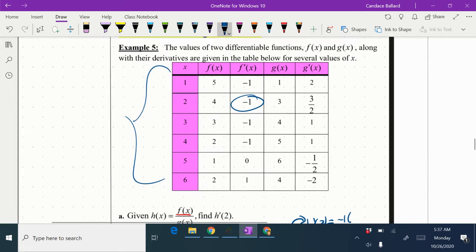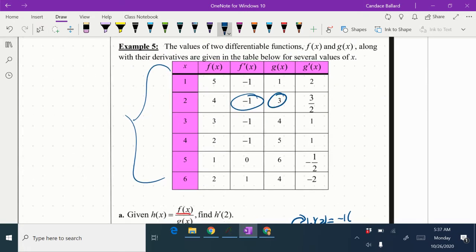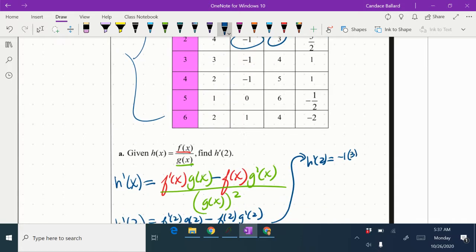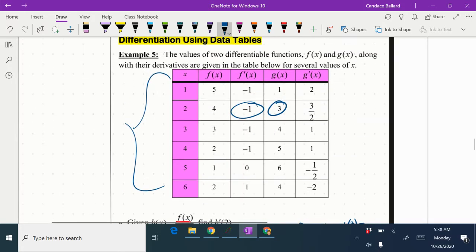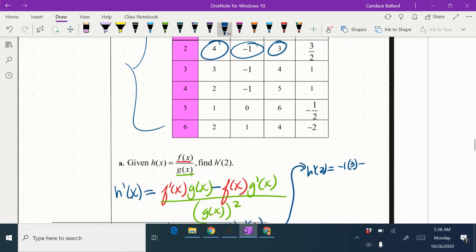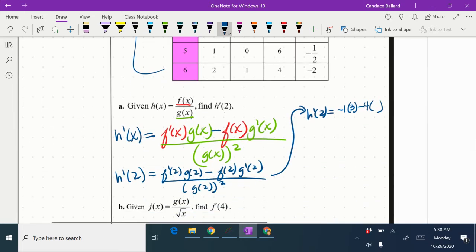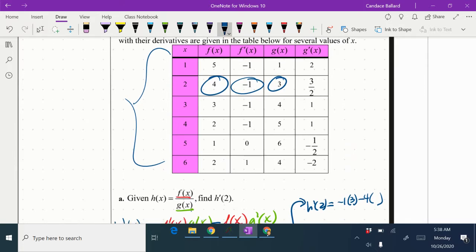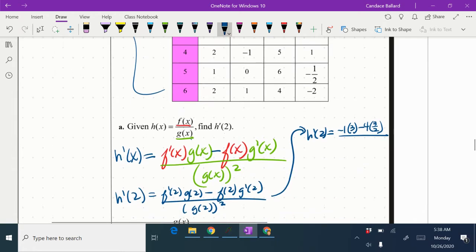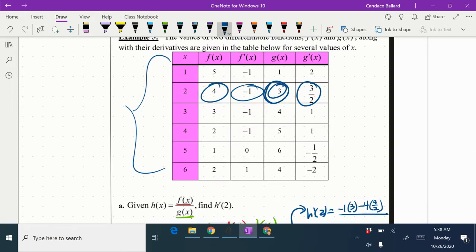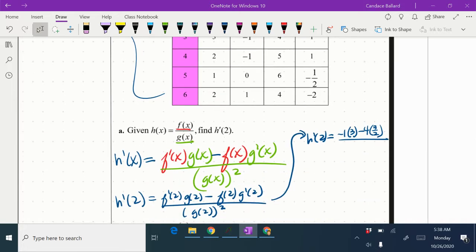Then I need g of 2, which is going to be 3, minus f of 2, which is going to be 4, times g prime of 2, which is going to be 3/2, all over g of 2. So g of 2 again is 3. I'm going to square that.